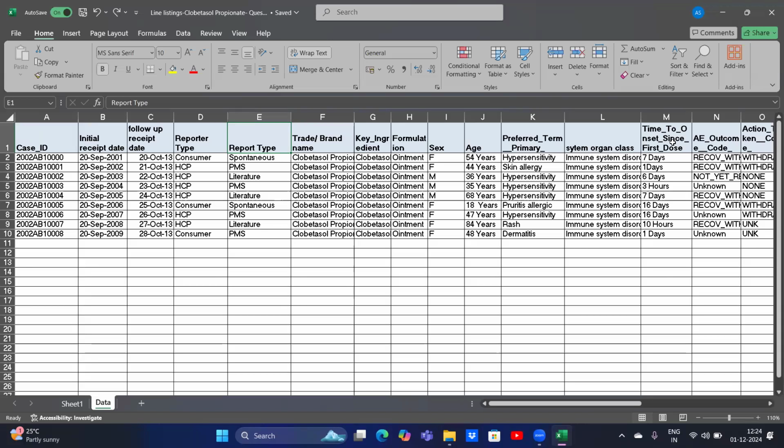When you have got those PTs and the cases from that, it might happen that a case has a PT of, suppose, QT prolongation. Just as an example. Now you will go to your RSI and look whether QT prolongation is listed. It is not necessary that it will be listed.